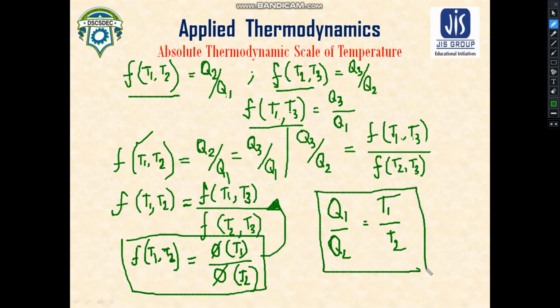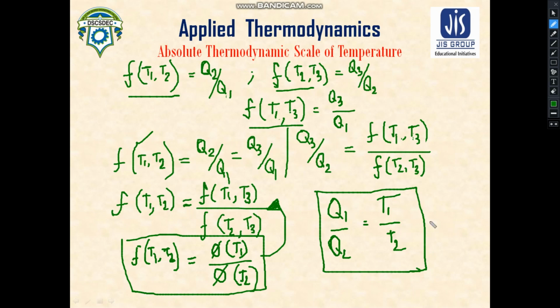This is our finding, and this is what we mean by the absolute thermodynamic scale of temperature. This representation of the heat transfers in the format of temperatures is what generates the concept of the absolute thermodynamic scale of temperature. Now this relationship is our final result.